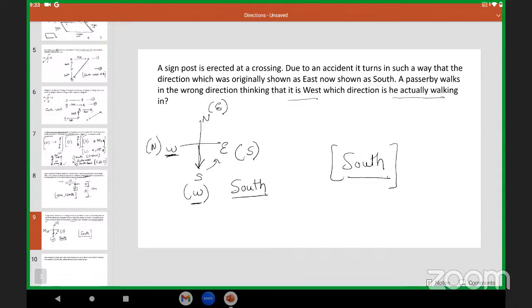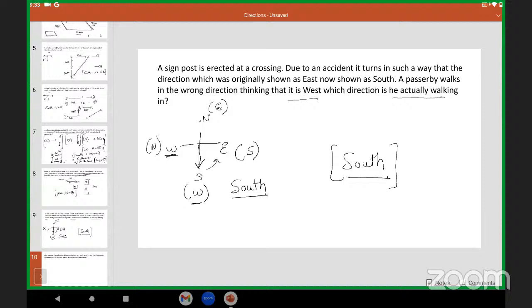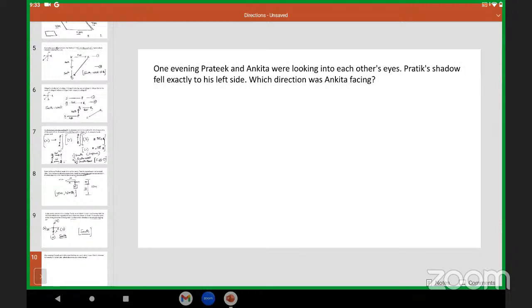So final question for today. Okay, so let us start with this question. Always remember for the sunrise and sunset questions, the sunrise takes place from east and the sunset takes place at west.